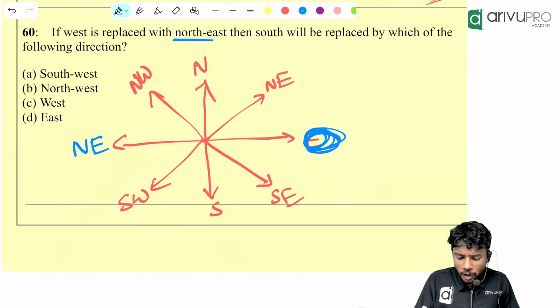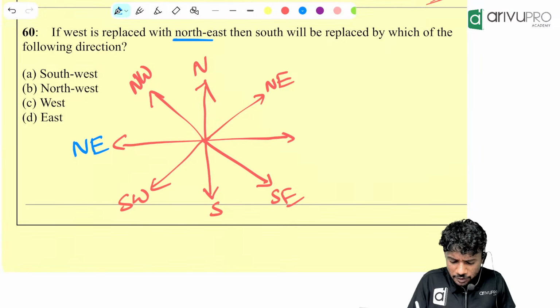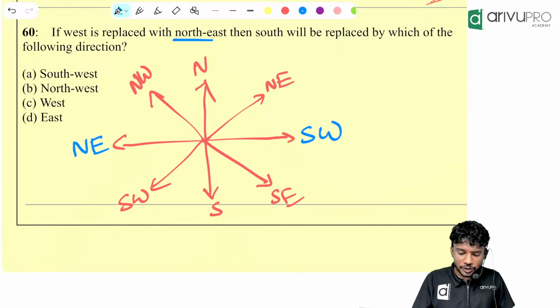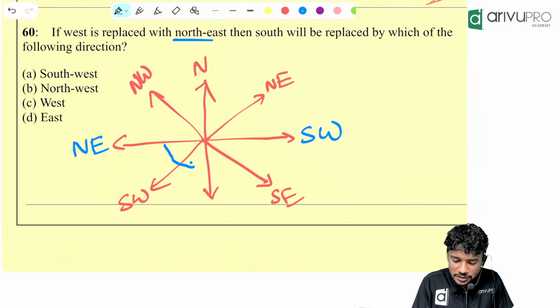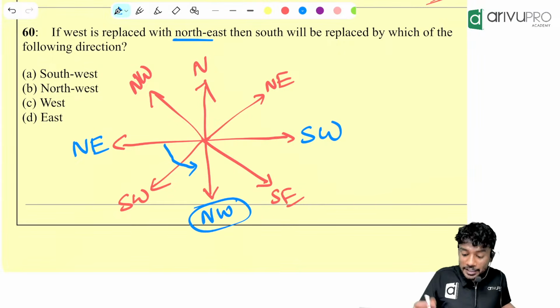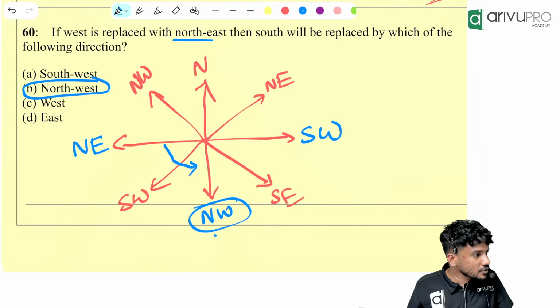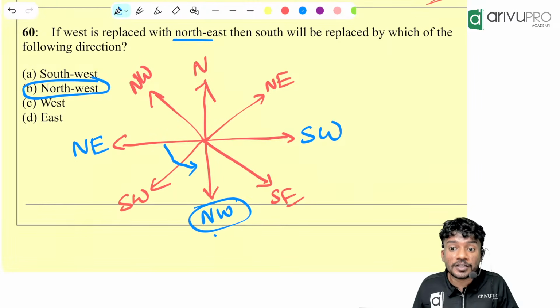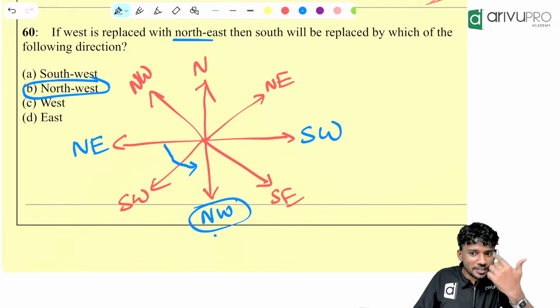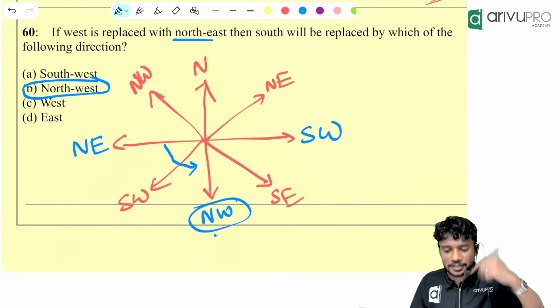Opposite of northeast will be nothing but southwest. Now you tell me, left of northeast is what, people? That should be northwest. So instead of south, who is sitting there? Northwest will be sitting. We have done a similar question in class, where north is replaced with northeast. The same as that.